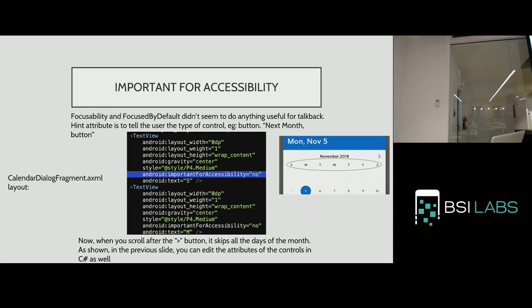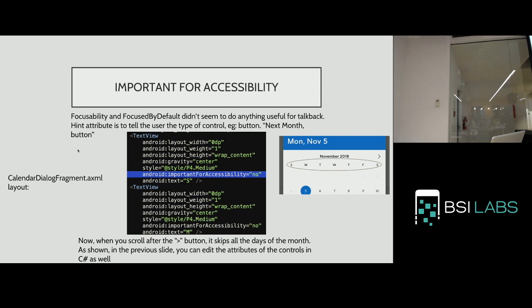Is this element important for accessibility or not? According to accessibility standards, we don't want to read the days of the week. As soon as you go to November 2018, you know it's November 2018. When you swipe right, what's the point of going through Sunday, Monday, Tuesday, Wednesday, Thursday, Friday, Saturday, and then going to the days?